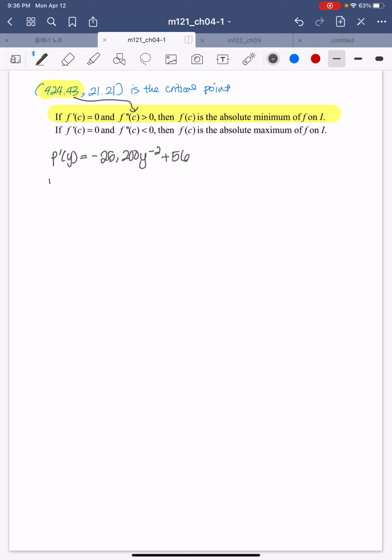And then if I take the double prime, I have negative 2 comes down, so I'm going to have positive 50,400 y to the negative 3, and 56 disappears. Now let's plug it in. Oh, my mistake. This is in terms of y, so I should plug it in this one here.